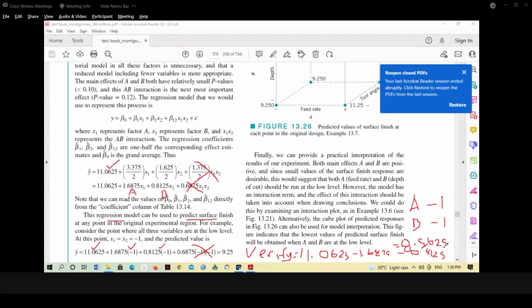So you can predict that if factor A is at low level and factor B is at low level, you will get a surface roughness of 8.5625 microns.